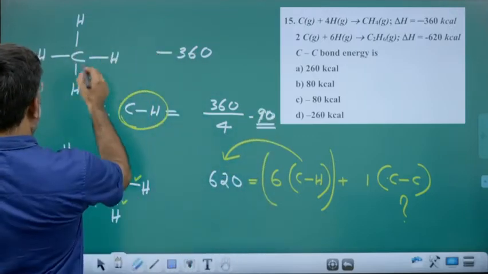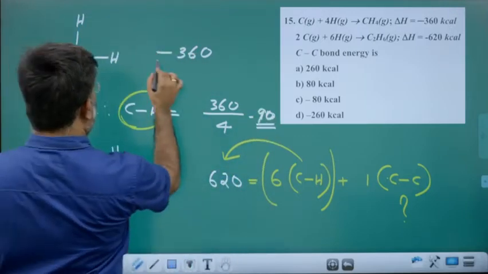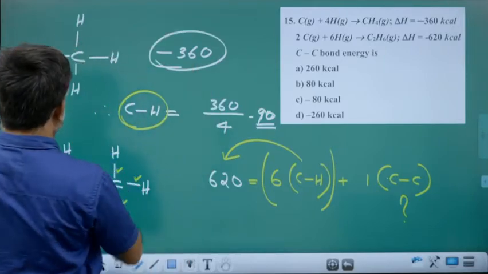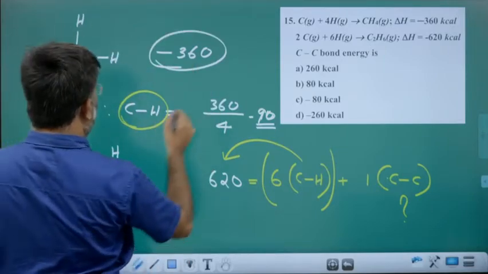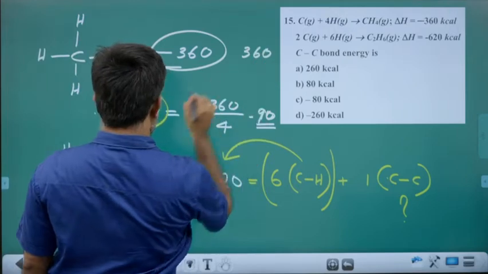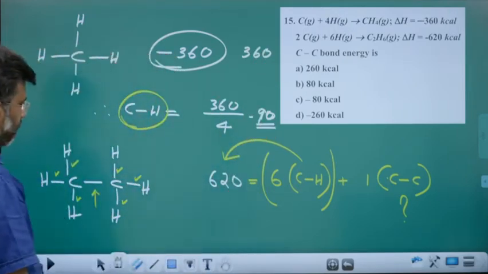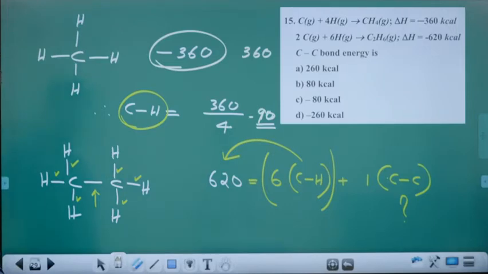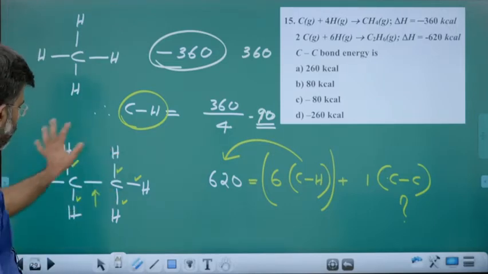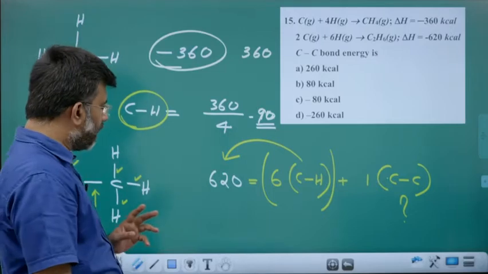For the formation of 4 carbon hydrogen bonds, minus 360. Breaking of 4 carbon hydrogen bonds, you need 360. For 1 carbon hydrogen bond, 90. Okay. And the breaking of this entire molecule's bonds, 620.